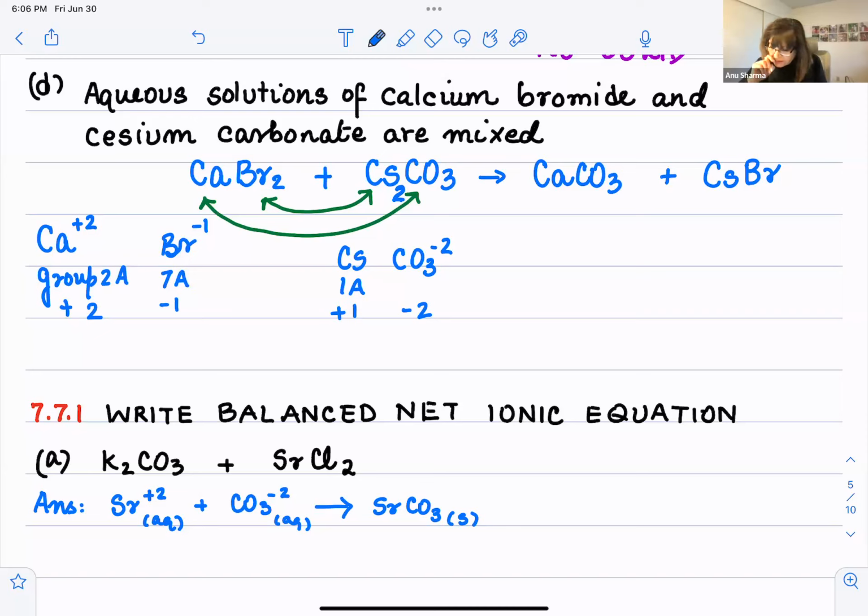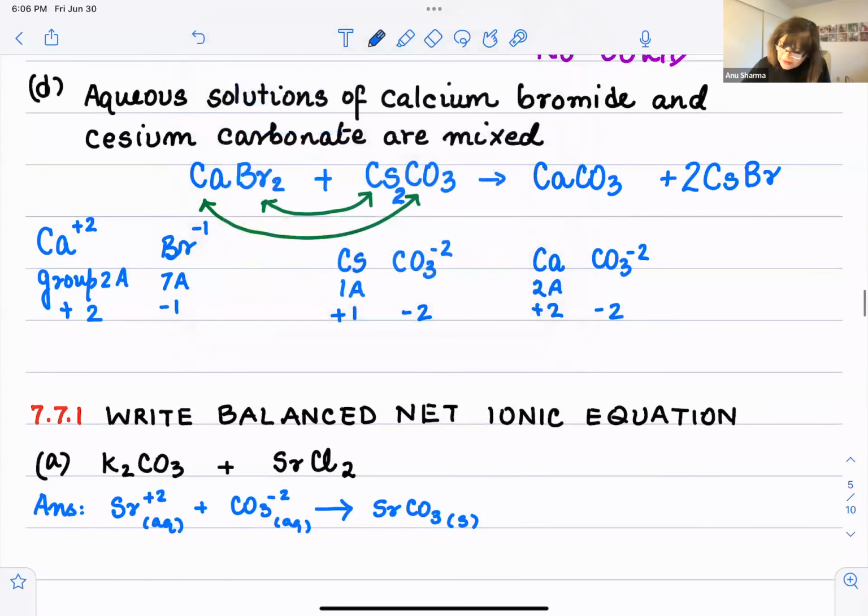That is why when we balance it, it will be 2 here. Then you have calcium, group 2A, +2 charge, and you have carbonate, -2 charge. So these charges cancel out. You have cesium, which is group 1A, +1 charge, and bromine is 7A, -1 charge.